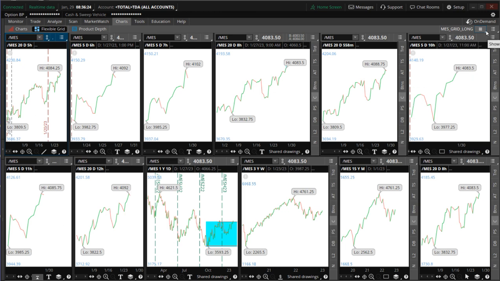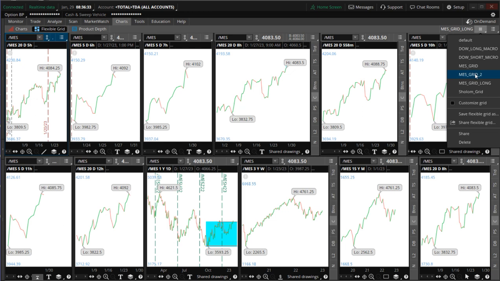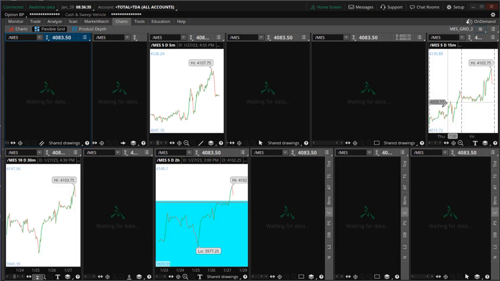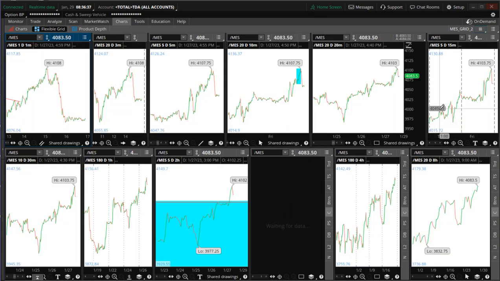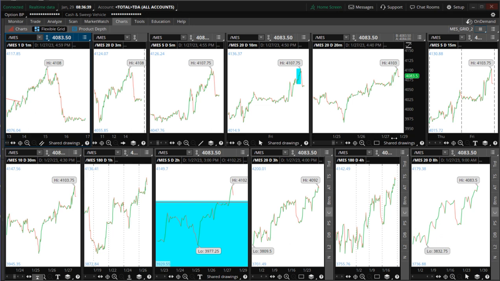However, if you want to find an entry point for the longer trend, we would have to toggle back to the microgrid. Now, we're looking at the microgrid, and we'll try to find an entry point on a particular fractal.